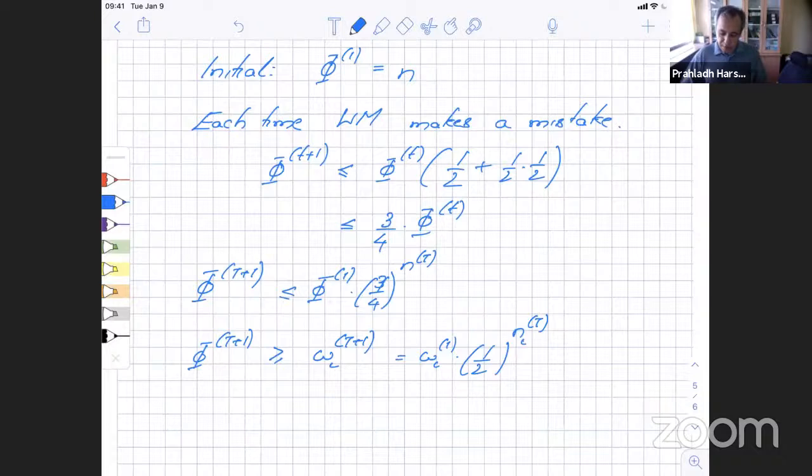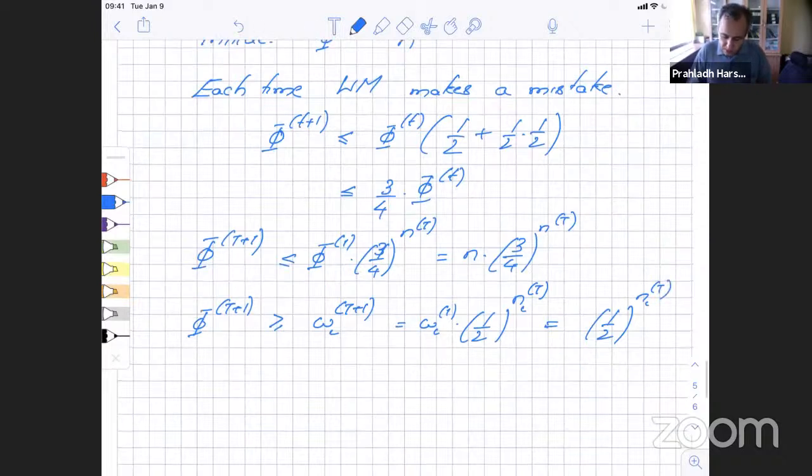So at the end of the time horizon, phi t plus 1 is at most phi of 1, which is n, times 3/4 to the power nt. And it's at least wi of 1, which is just half to the power ni of t.